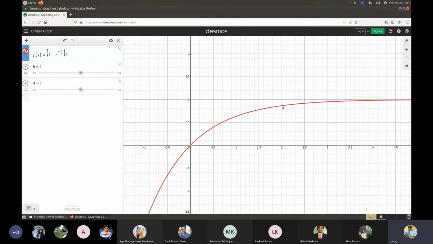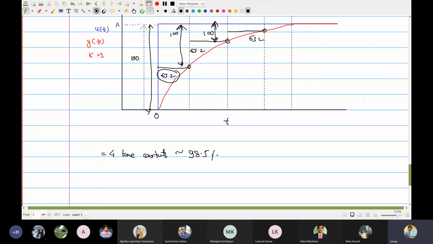In 2 time constants, you reached 86.5. In 3 time constants, you reached 95%. And in 4 time constants, you reach 98.2. So to be exact, this is 98.2%.